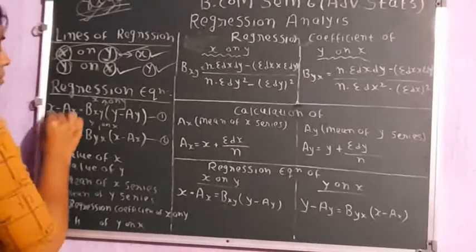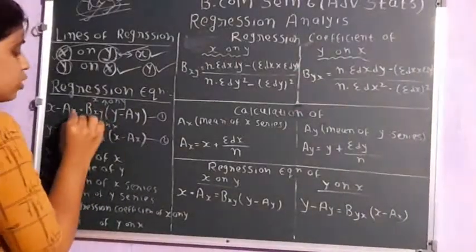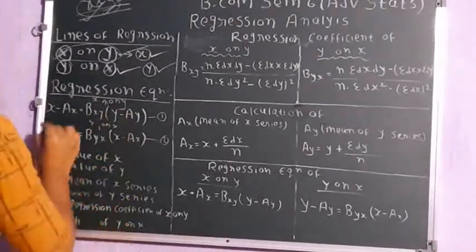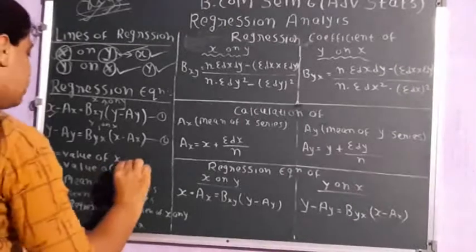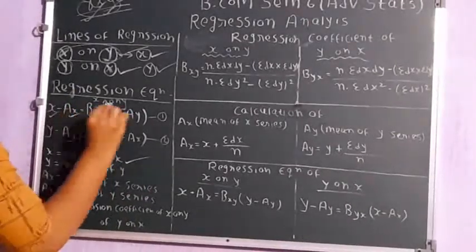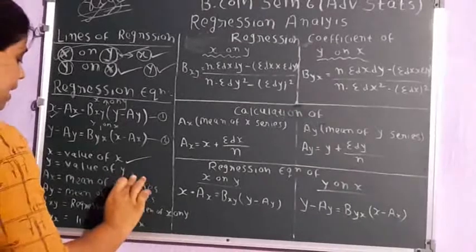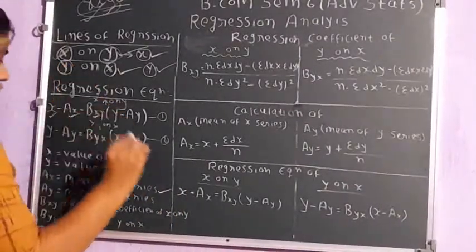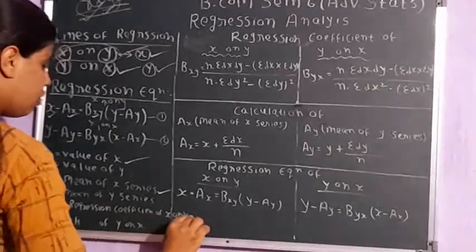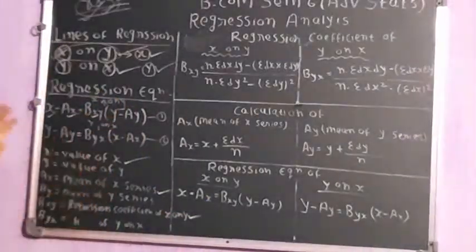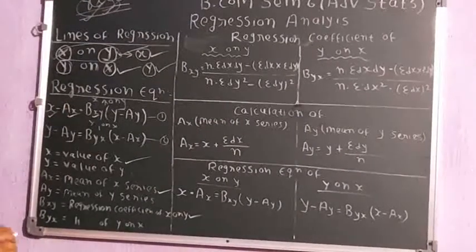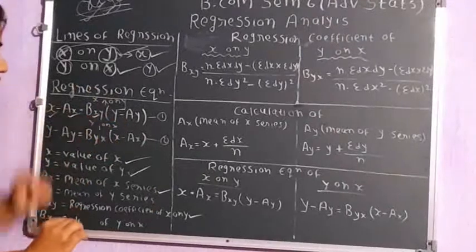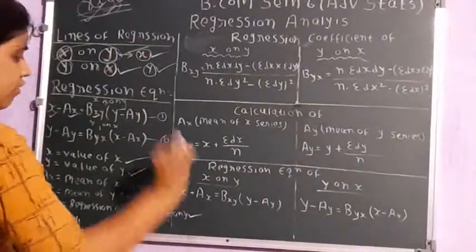For calculating x on y, this formula is used: x minus ax is equal to bxy into (y minus ay), where x refers to the value of x, ax refers to the mean of the x series, bxy refers to the regression coefficient of x on y, y refers to the value of the y series, and ay refers to the mean of the y series.